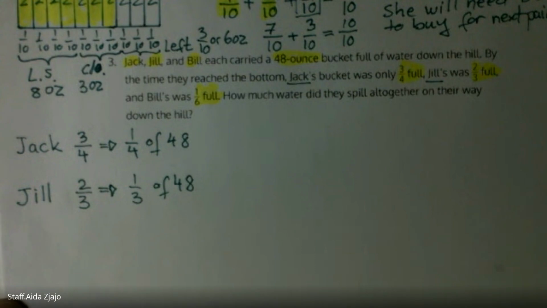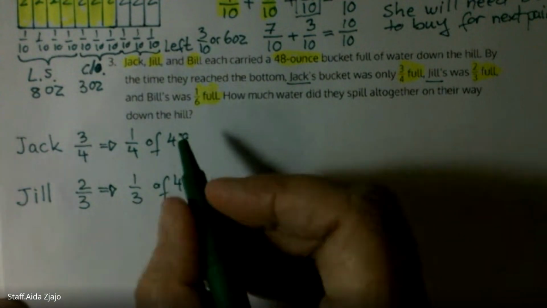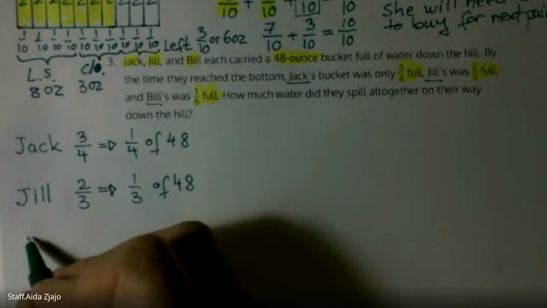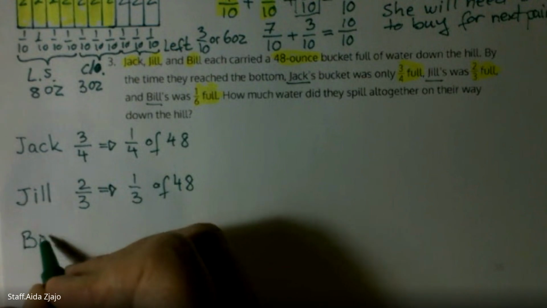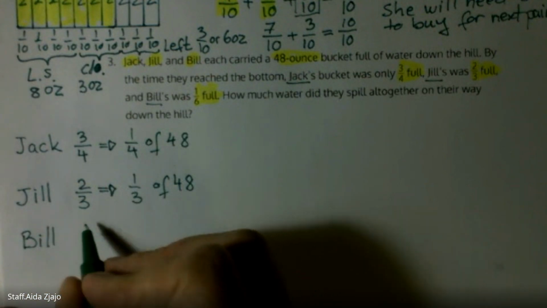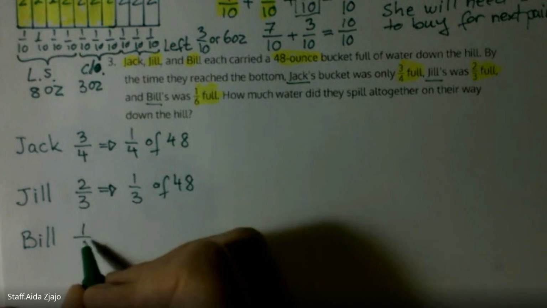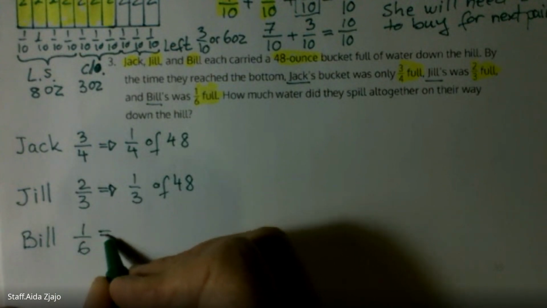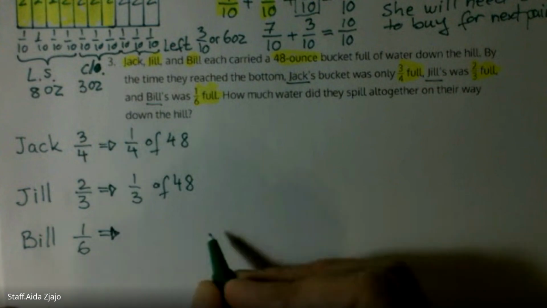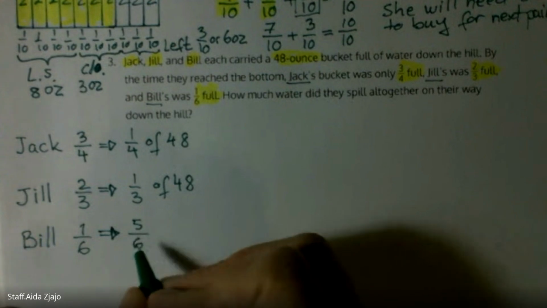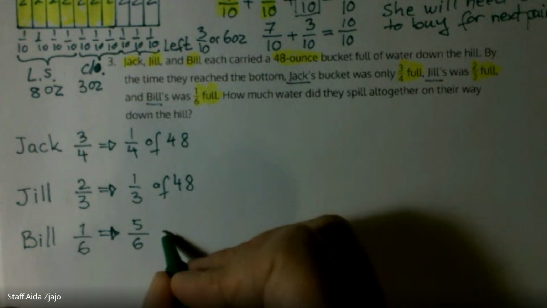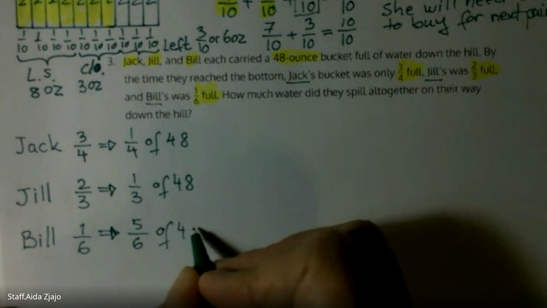And then Bill probably was shaking because Bill lost the most. He had only 1/6 left, so he lost 5/6 of the bucket, 5/6 of 48.